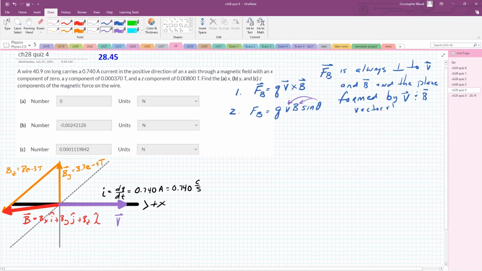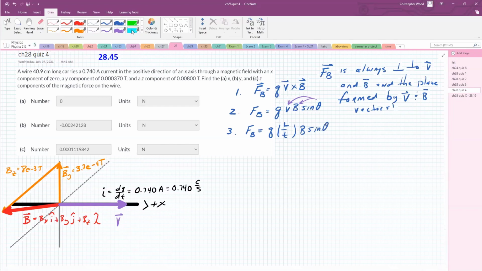Now I'm going to keep going. The magnetic force is Q, and velocity is distance over time. So here's distance, it's whatever the length of that wire is. Here's time. And then B sine theta.